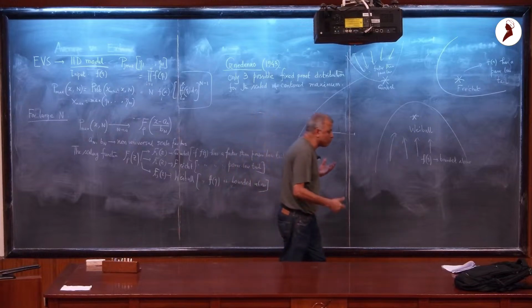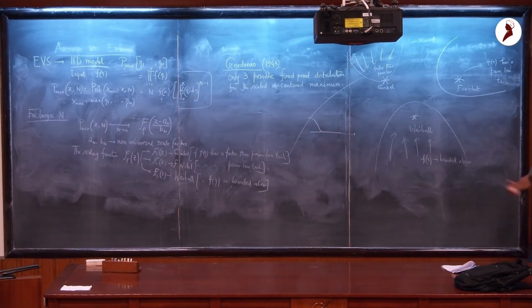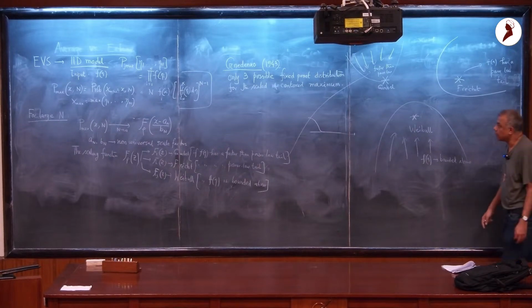And this is a very powerful result because it's quite beautiful, right? Instead of thinking of specific hits of 10,000 materials, you have only three possible curves. This is the beauty of universality for the IID model.